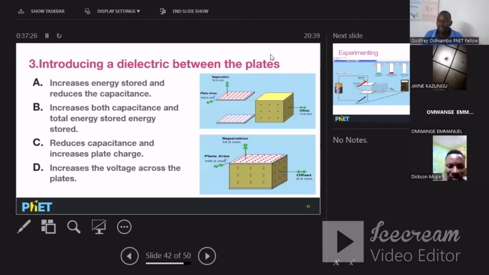Question number 3, which is a concept question, is about introducing a dielectric between the plates. A: increases energy stored and reduces the capacitance; B: increases both capacitance and total energy stored; C: reduces capacitance and increases the plate charge; or D: increases the voltage across the plates.